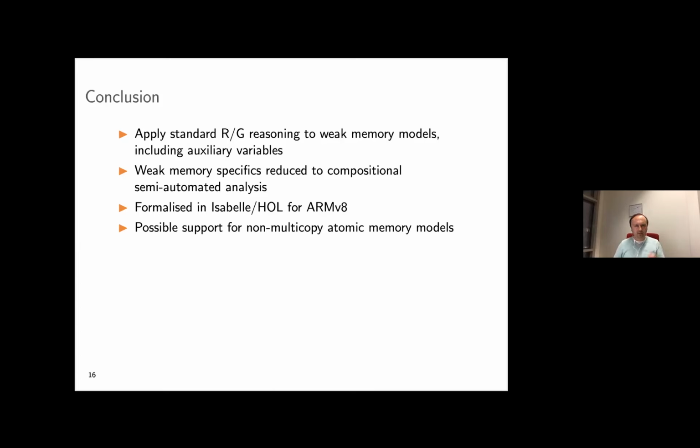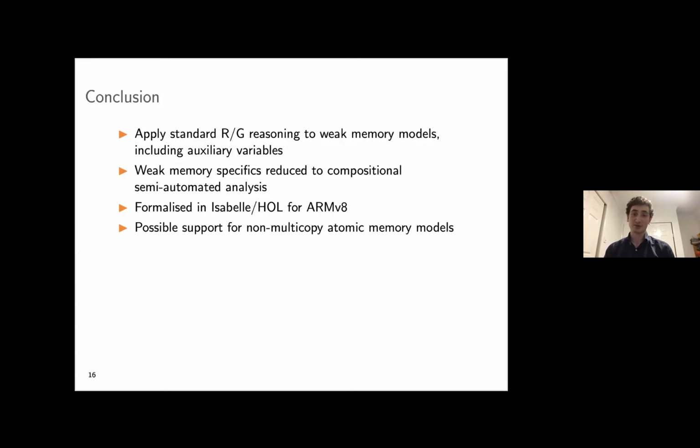You hinted already at support for non-multicopy atomic memory models. Is it hard to adapt the technique for another type of weak memory model, for instance? So as long as it's a multicopy atomic memory model, this should all work. You just characterize it via a different reordering relation.